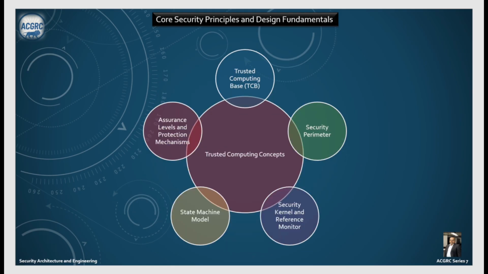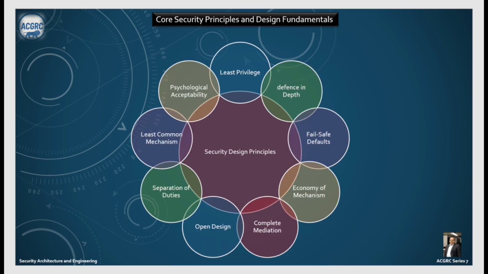The second aspect is trusted computing concept, which involves trusted computing base or TCB, security perimeter, security kernel and reference monitor, state machine models, and assurance levels and protection mechanism. For this part 1, we will be looking in detail at the security design principle aspects.